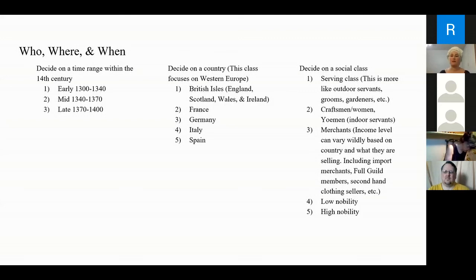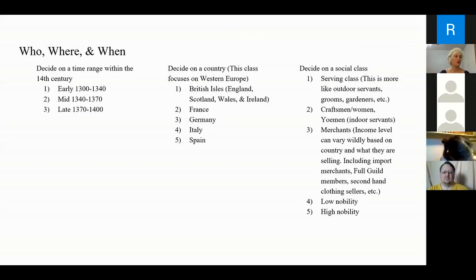And then finally, you decide on a country, because even when we talk about something very early period, like Norse, the other super popular one, the country is going to determine variations in style.